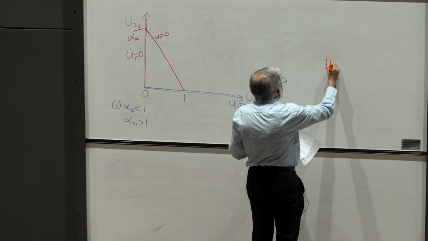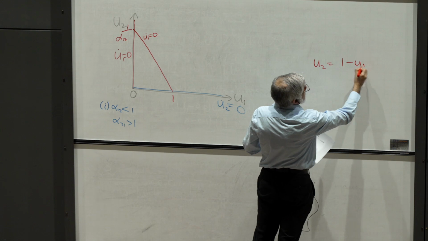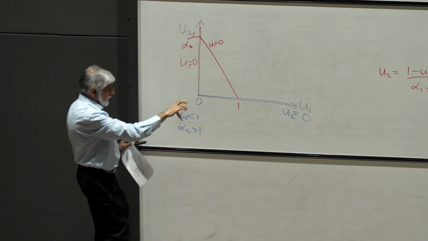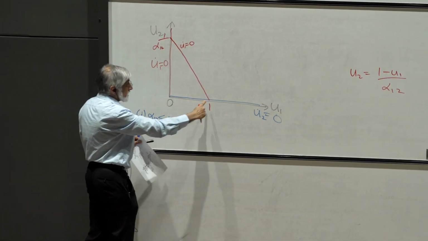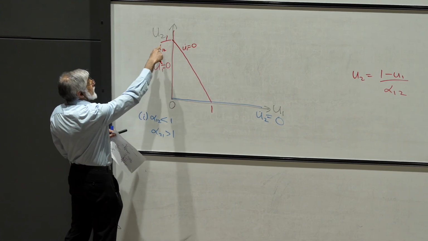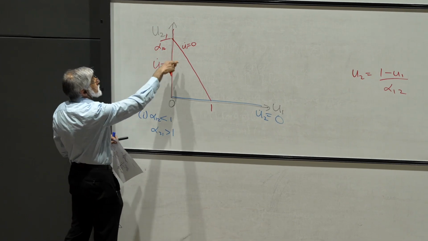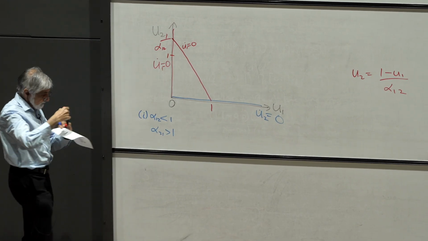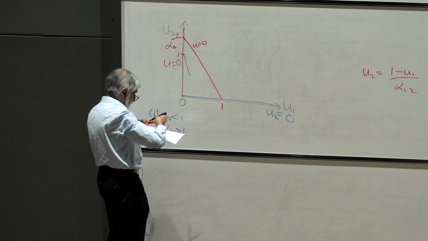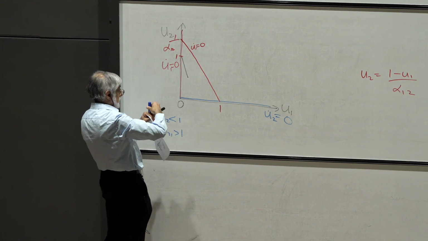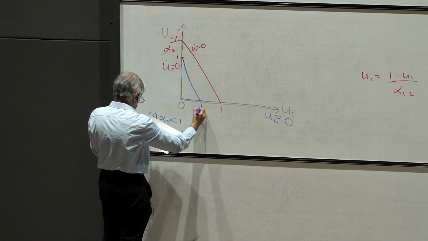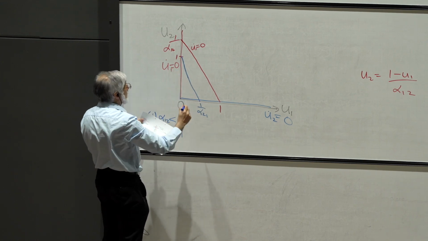That should be the line U2 equals 1 minus U1 over alpha 1,2. When U2 is 0, U1 is 1. When U1 is 0, U2 is 1 over alpha 1,2, and that's bigger than 1. And then the other one should be in blue: 1 over alpha 2,1, and 1.